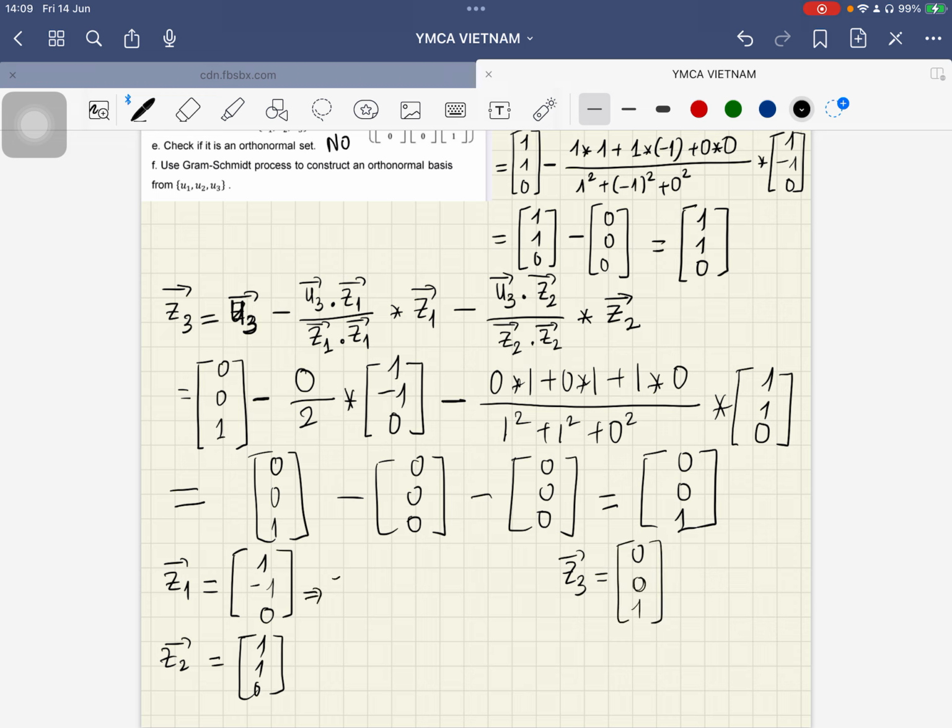And now we can find E1 is equal to Z1 divided by the length of Z1.